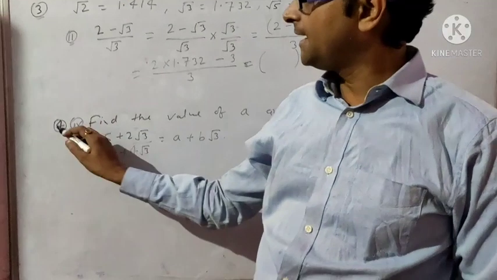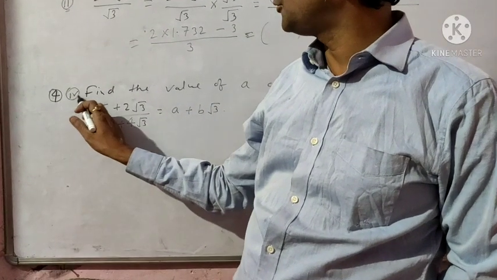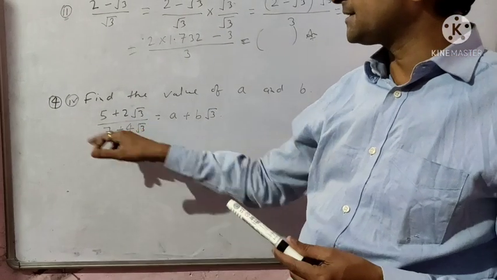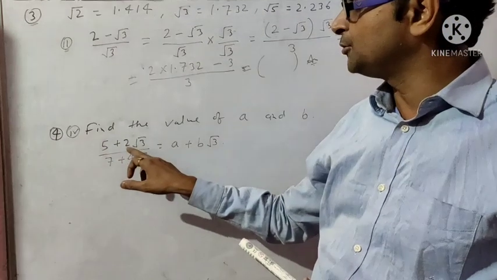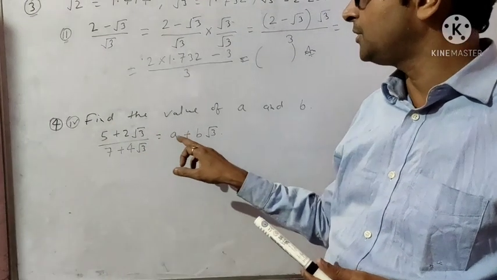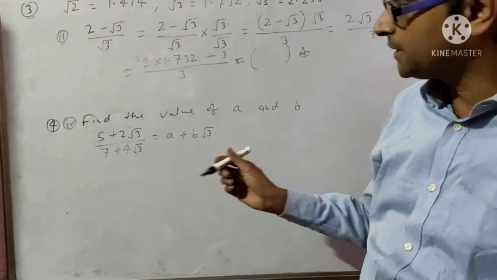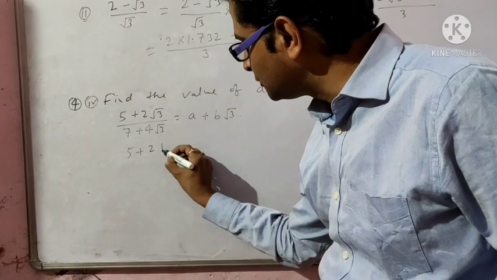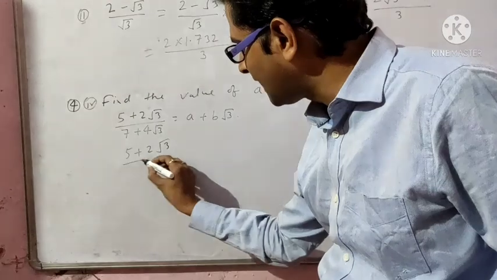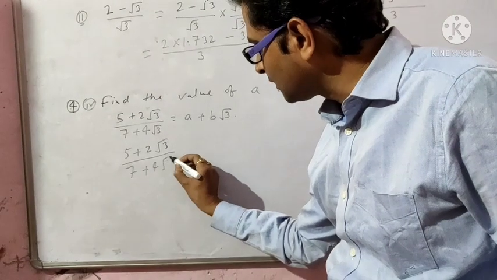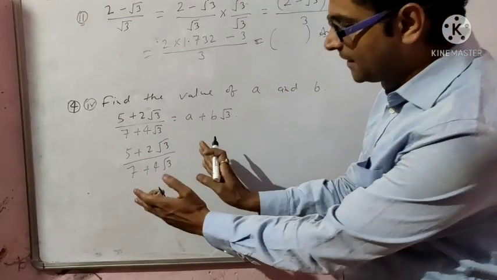Okay student, here question number 4, part 4: find the value of a and b. This expression is given: (5 plus 2 root 3) divided by (7 plus 4 root 3) is equal to a plus b root 3. So always look at the denominator part.